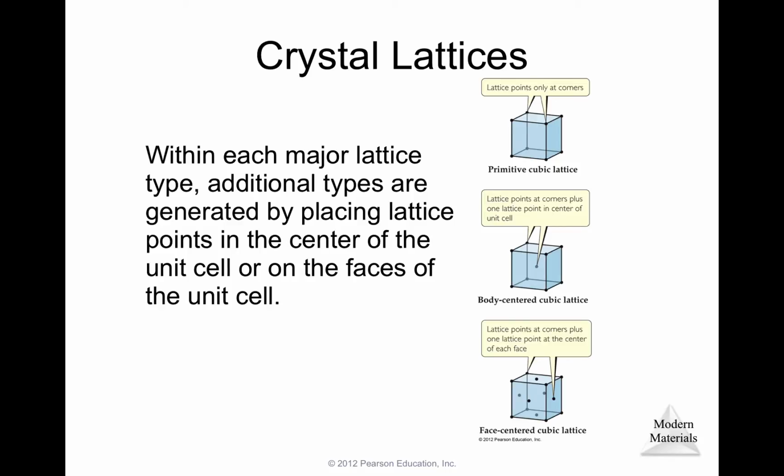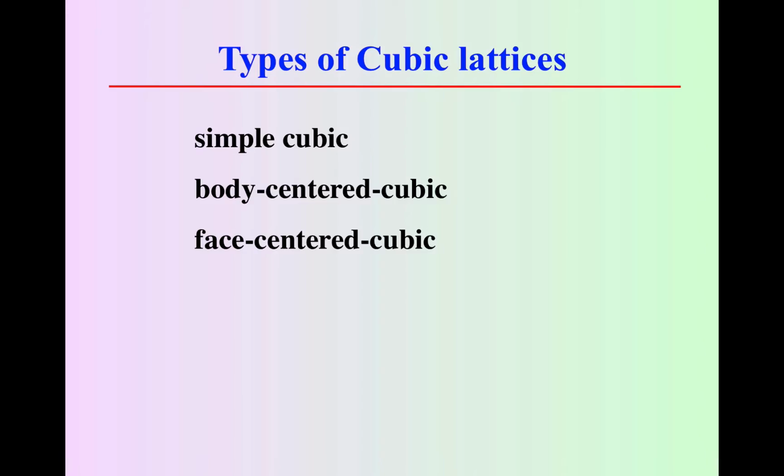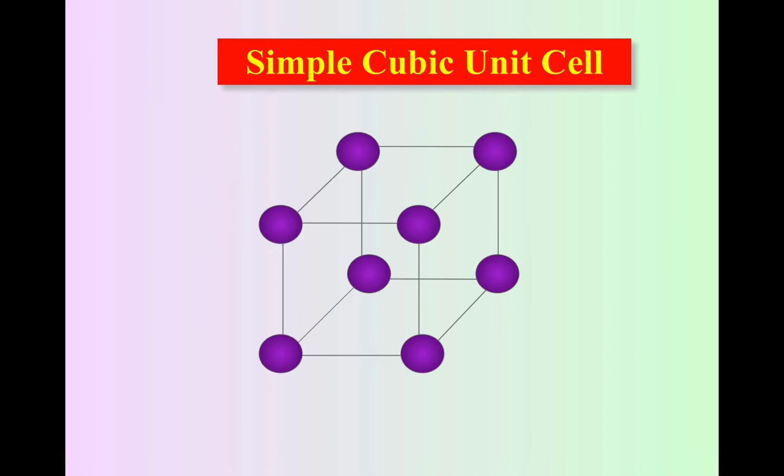All right, within the cubic pattern, you can be subcategorized. You can be just plain cubic, or you could have an extra lattice point on the inside, or you could have an extra lattice point on one of the sides. So simple cubic, body centered cubic, face centered cubic.